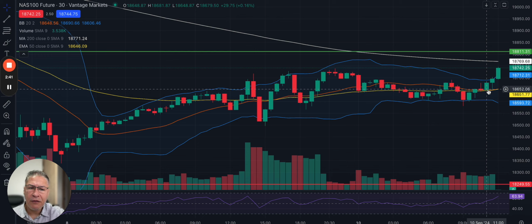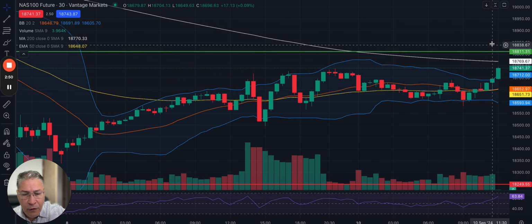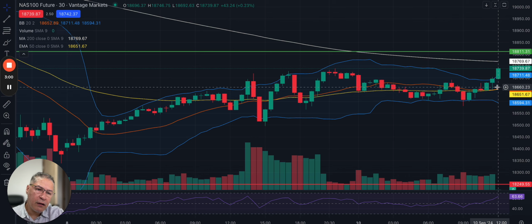We also have the golden cross, which is when the 50-day crosses over the 200-day moving average from below, and that is a bullish signal. They're creeping up to each other on the 30-minute chart.